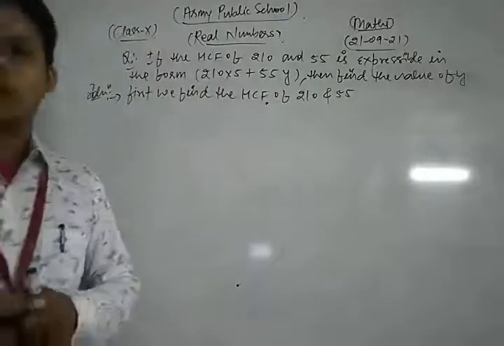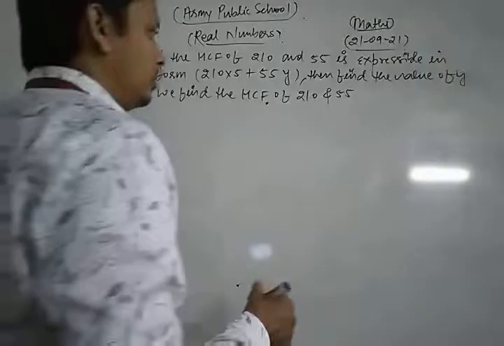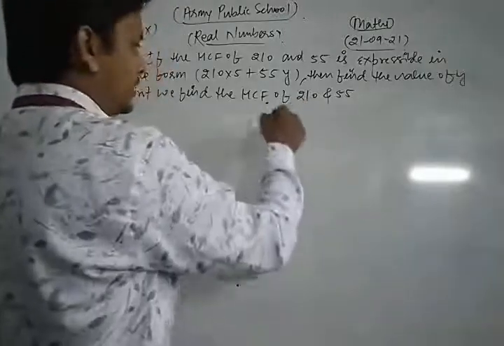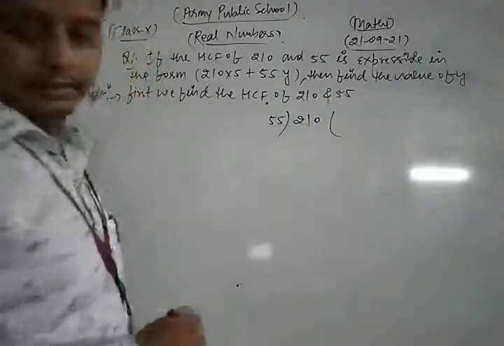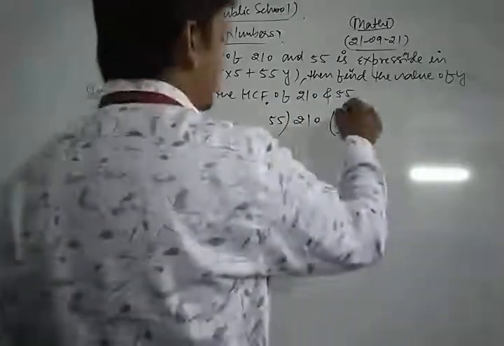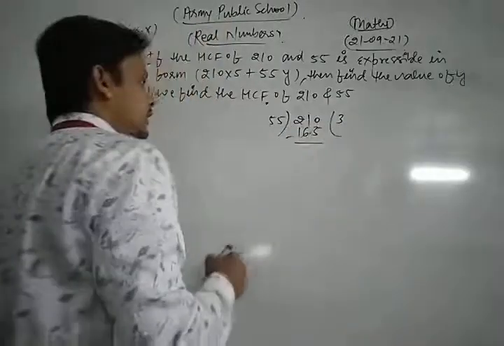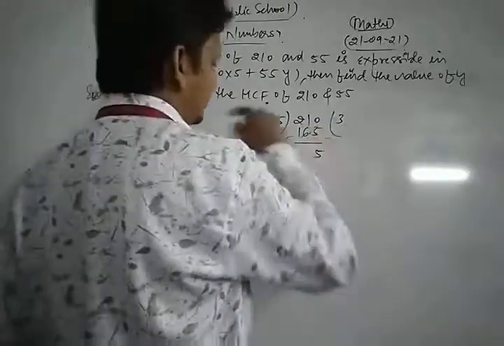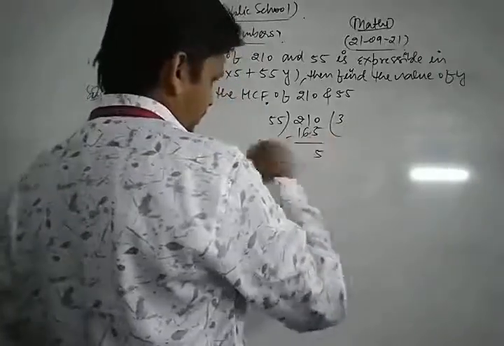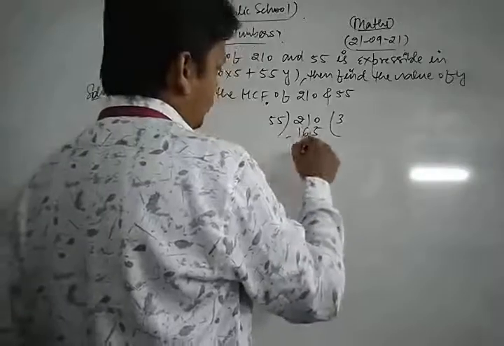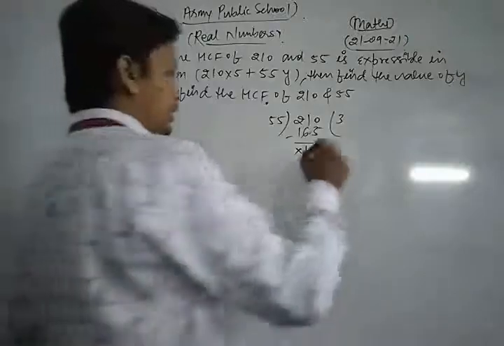Now look, we divide 210 by 55, so we get 3 times, 165, and subtracting them we get the remainder 45. Now we divide again.